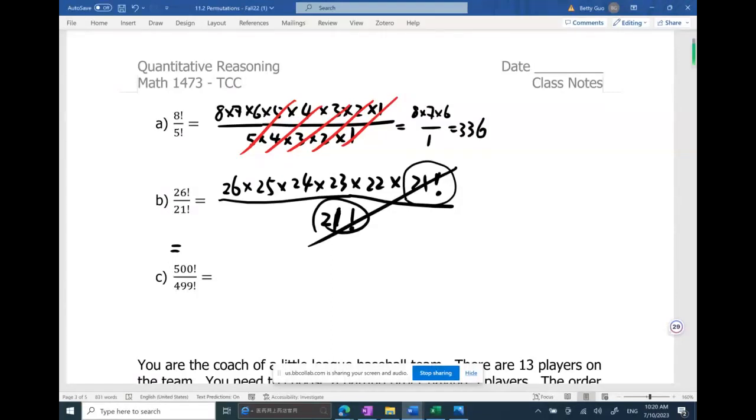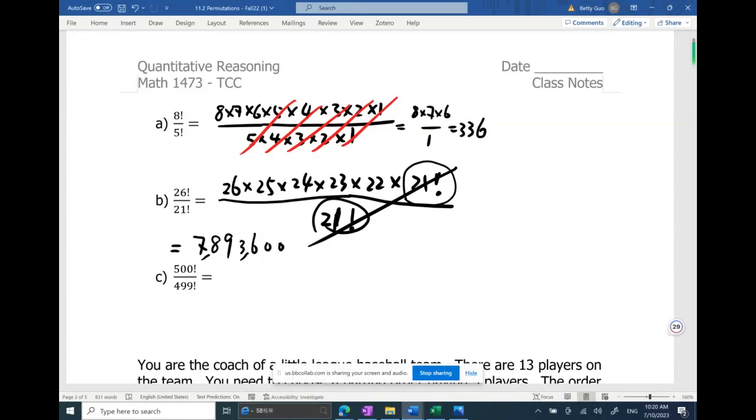So the numerator only has 26 times 25 times 24 times 23 times 22. Let's do that. That's a huge number: 7,893,600.